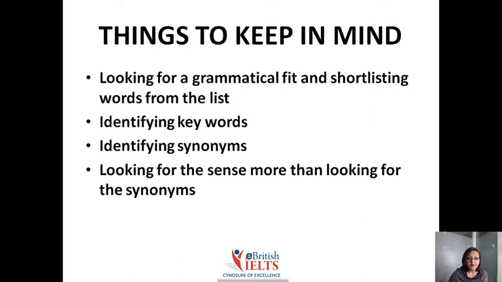So after reading the question, we are going to look at the list of words that has been given for us, and then we are going to shortlist the options, bring it down to 2 or 3 possible options, and then come back to the passage for narrowing them down even further.